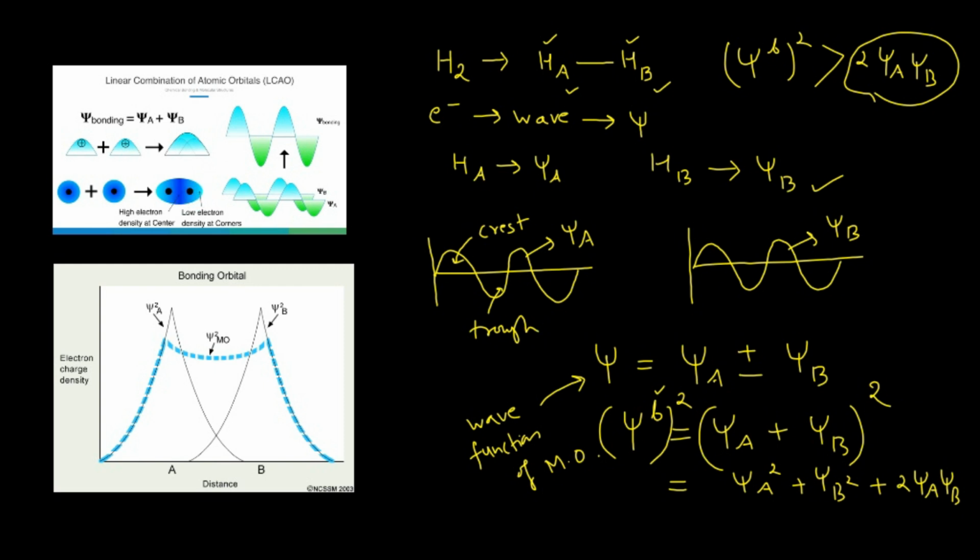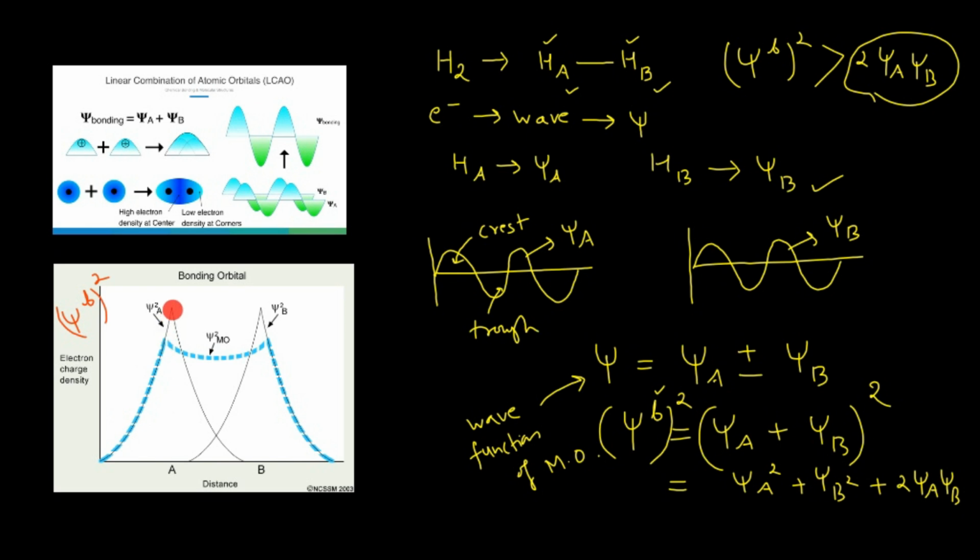Now, if I plot this charge density along with the electron densities of the individual atoms, here this is the electron charge density, the square of the bonding wave function. And here you can see this solid line.